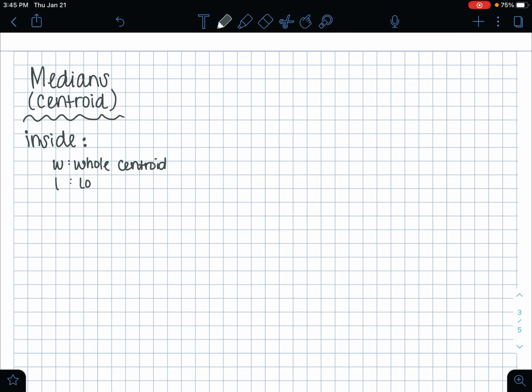And L will be the long part of the median. And then S is going to be the short part of the median. Again, the median is the line. The centroid is the point. Okay, so now that we've established what those mean.